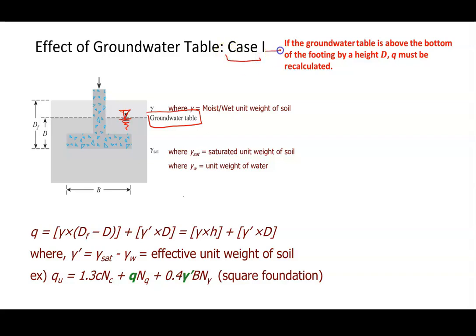Case 1 is when groundwater table is above the bottom of footing. So when that's the case, instead of moist unit weight, you need to use effective unit weight. This is moist unit weight.